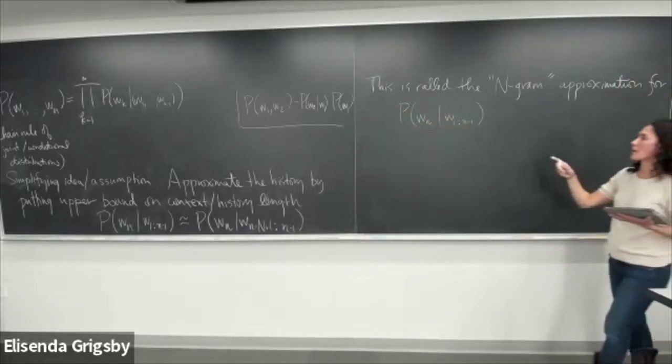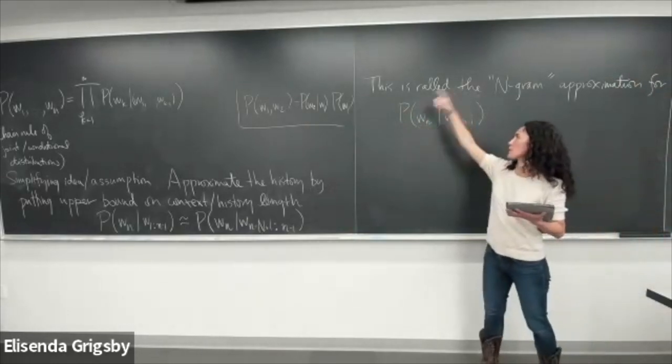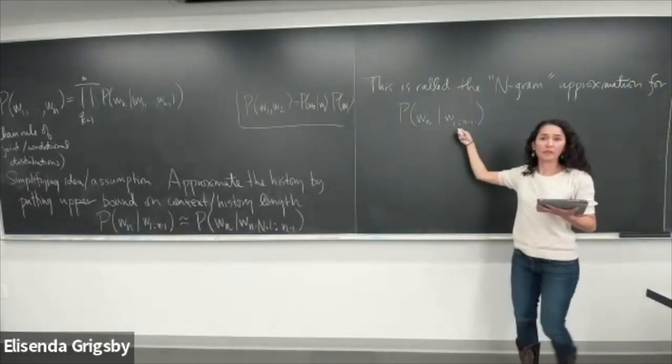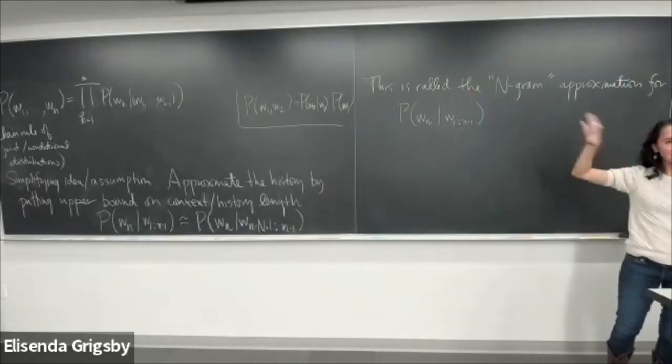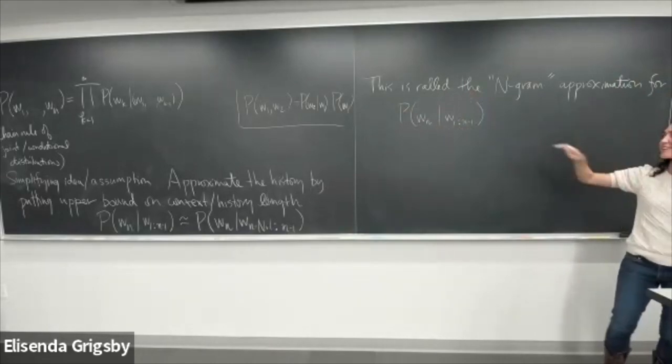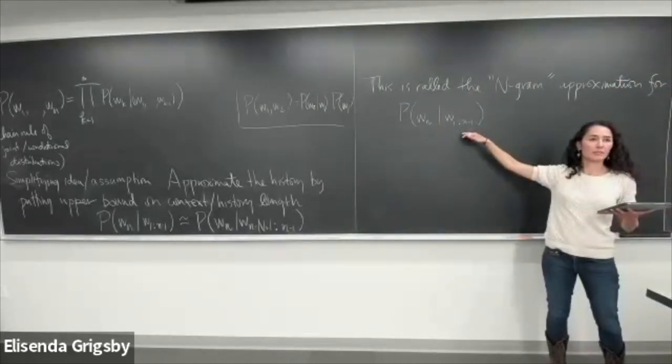And so you can replace this with conditional probabilities that you can estimate with counts in your corpus, where you just look a certain distance back.